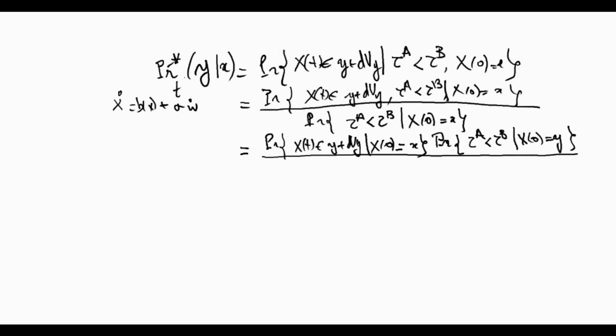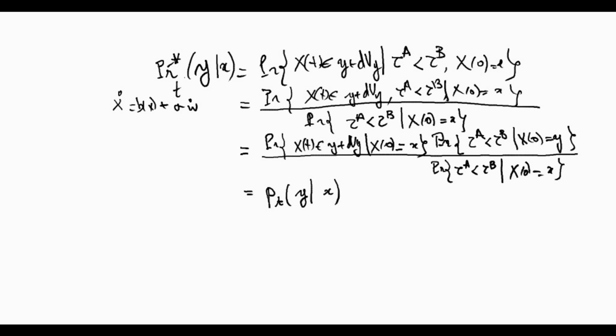And now we can divide by the denominator, which is tau a less than tau b, conditioned on x0 equals x. Now this can be rewritten as the probability transition function for the initial stochastic equation to find the particle at y when it started at position x.